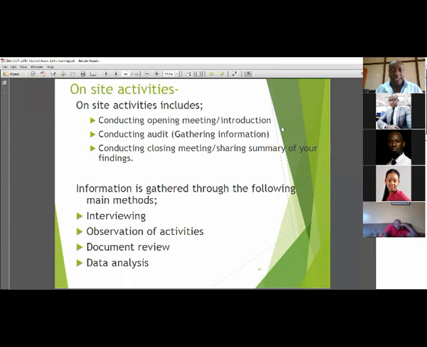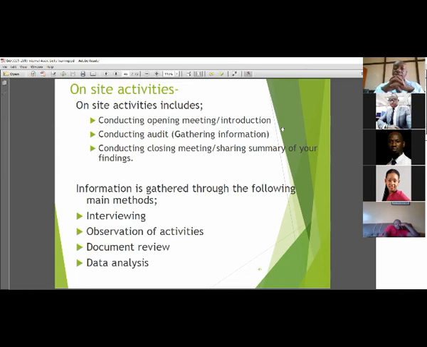Now, on-site activities. So we are imagining here that you have prepared yourself, you have come up with a checklist, and the checklist is inclusive of all the requirements of ISO 9000 and the SOP of that area. The next thing you need to do is go to the site. On-site activities will include conducting an opening meeting, which is just like an introduction. Don't just start with asking questions.